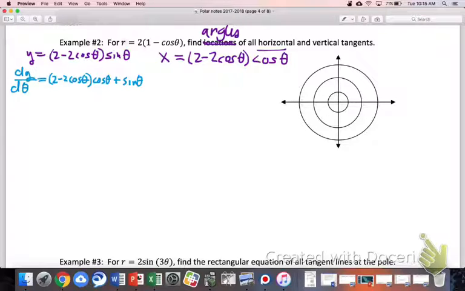I'm going to clean this up just a little bit by distributing and multiplying. So I'm going to get dy/dθ equals 2 cosine θ minus 2 cosine squared of θ plus 2 sine squared of θ.